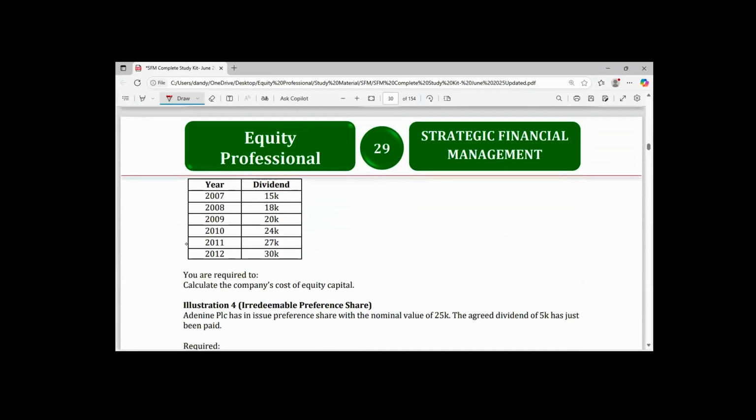The name of this company is Sanchez PLC. You are asked to calculate cost of equity, so I would say calculating cost of equity.